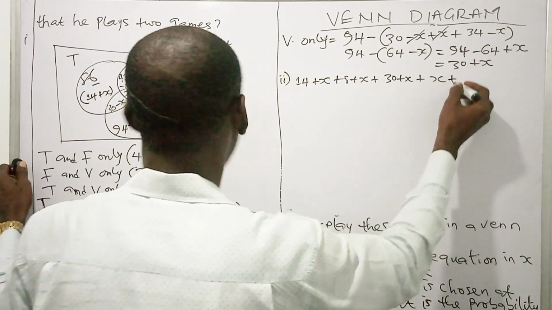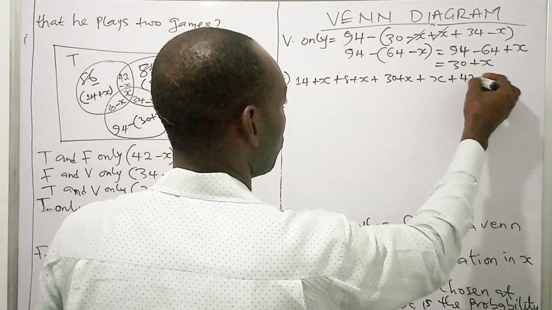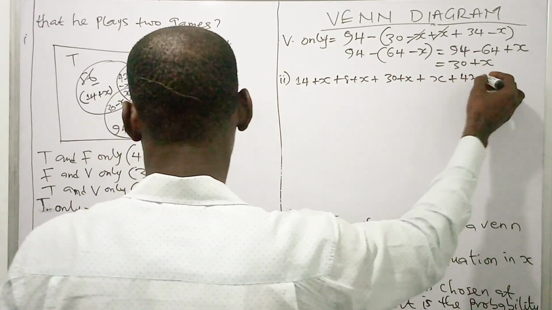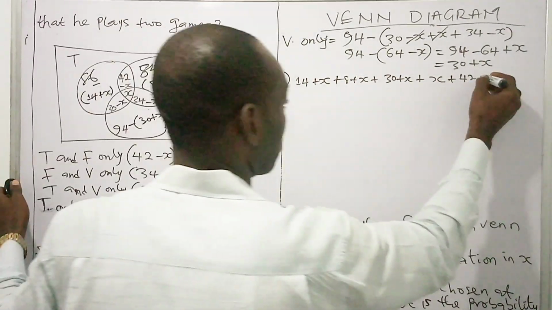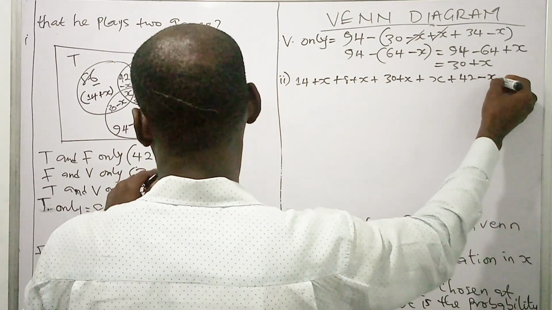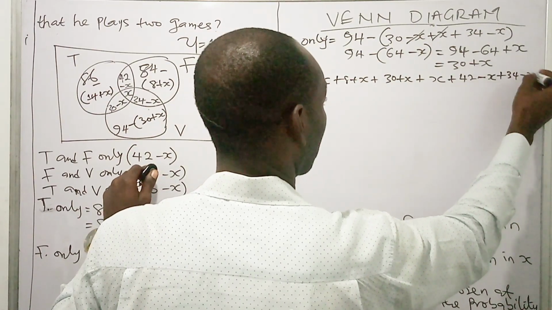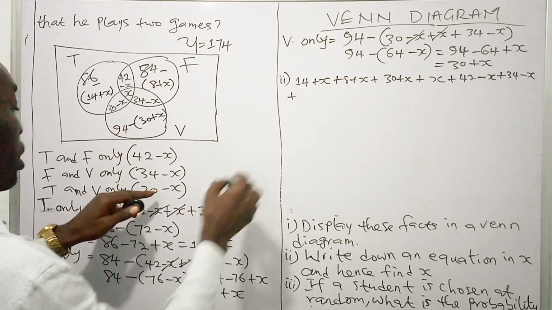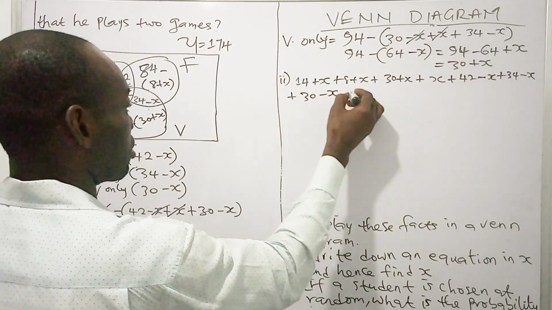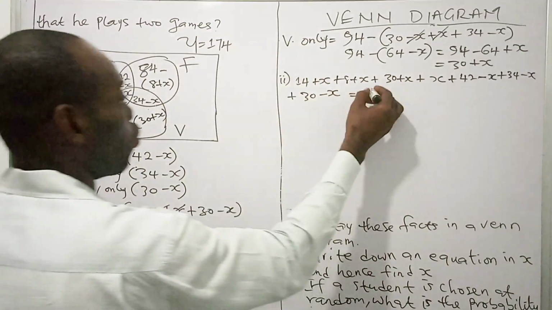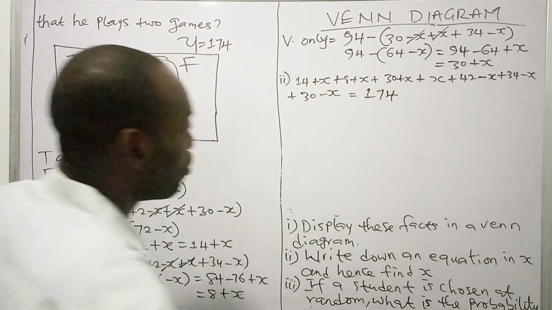Then for those who play 2 games, we have 42 minus x, plus 34 minus x, plus 30 minus x, and we equate that to 174.